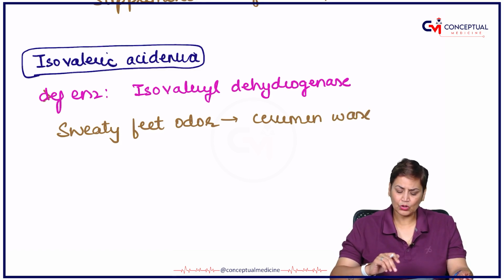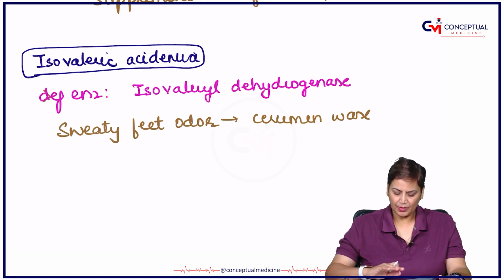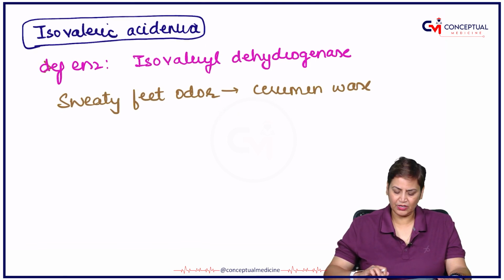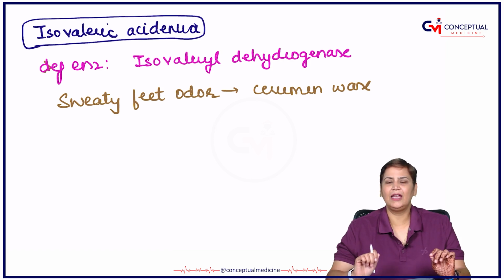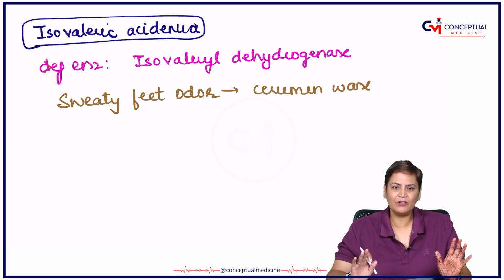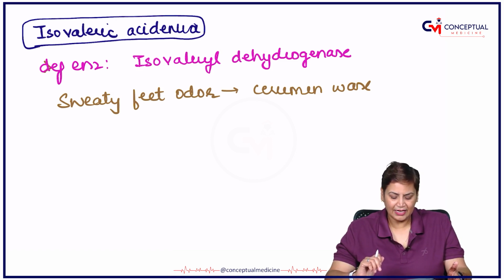So these are the two main disorders related to branched chain amino acids, which are very important for the proper growth and development of the child. Clear? So this is all about this video. The main thing to remember, as I told you at the start, is how we differentiate: whenever any kind of amino aciduria is involved, it is related to amino acid metabolism.